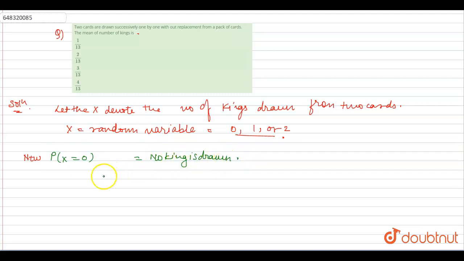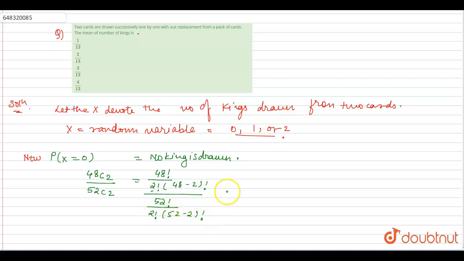So the probability can be written as 48C2 by 52C2, which can be written as 48 factorial by 2 factorial into (48 minus 2) factorial, divided by 52 factorial by 2 factorial into (52 minus 2) factorial, in which we get the value as 48 into 47 by 52 into 51.